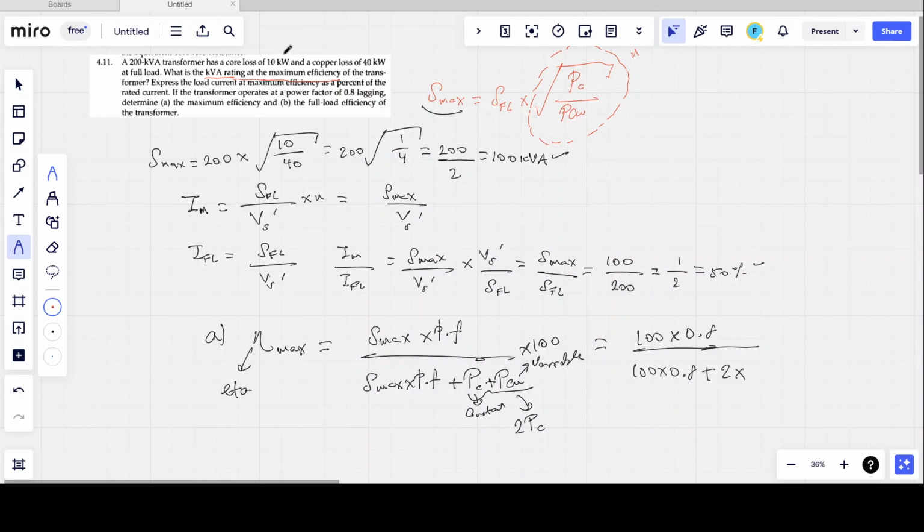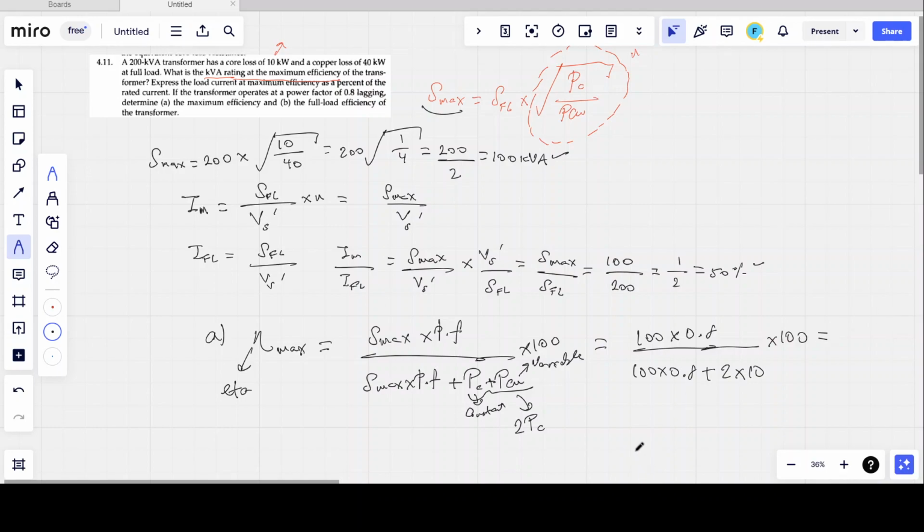So basically the value that we choose is always the value of PC, because that's the constant value, right? So then I have 2 times 10, and I'll multiply by 100 so that we get the percentage.